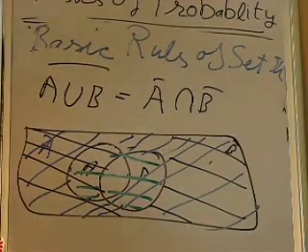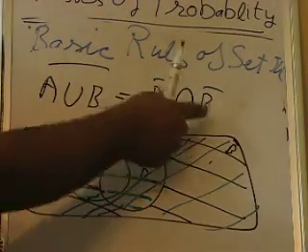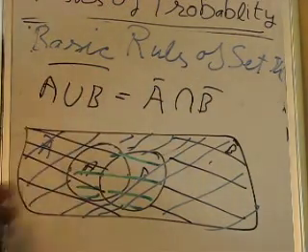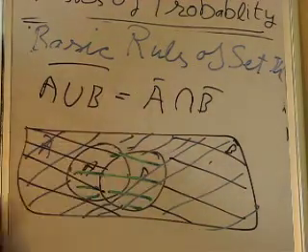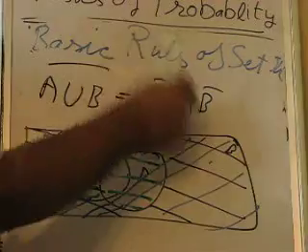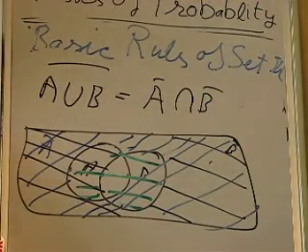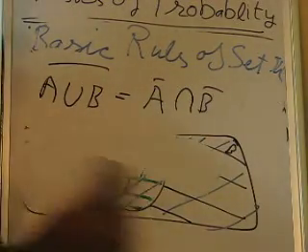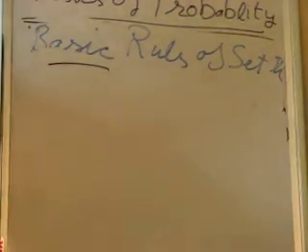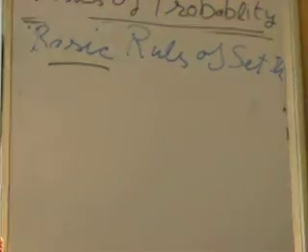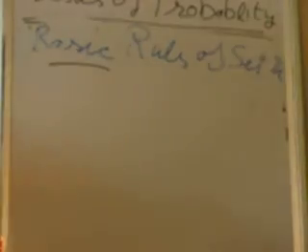So if you see what it is, the complement of A union B is A bar intersection B bar, so all the common elements of A bar and B bar. All these rules can be proved using a Venn diagram. And the other one is with intersection.